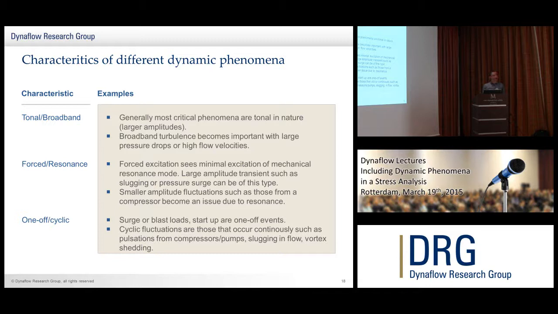If so, a smaller flow-induced vibration can lead to a larger mechanical response. Or is it a one-off or cyclic? So do we need to consider it as a fatigue issue, or is it a one-off that we can calculate against a yield limit?